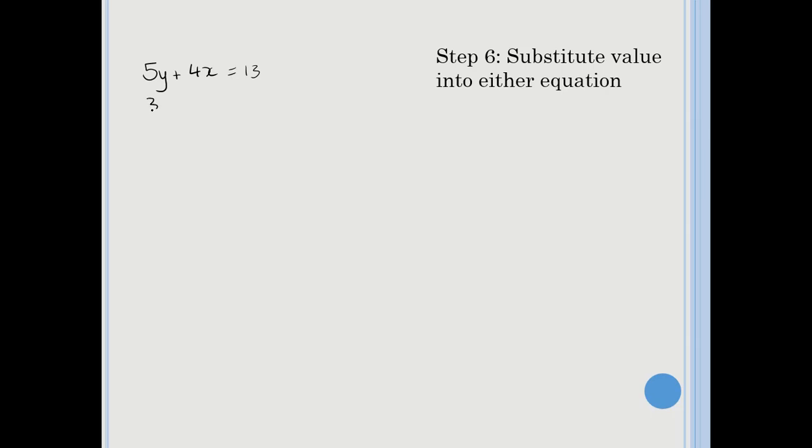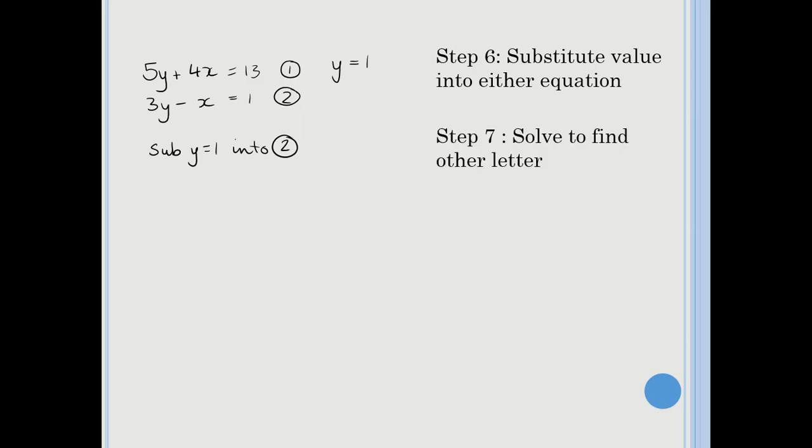So, like previous examples, we have to substitute into one of our equations. I'm going to choose equation 2 because it's slightly easier numbers. So I'm going to tell them again what I'm doing. Sub y equals 1 into equation 2.